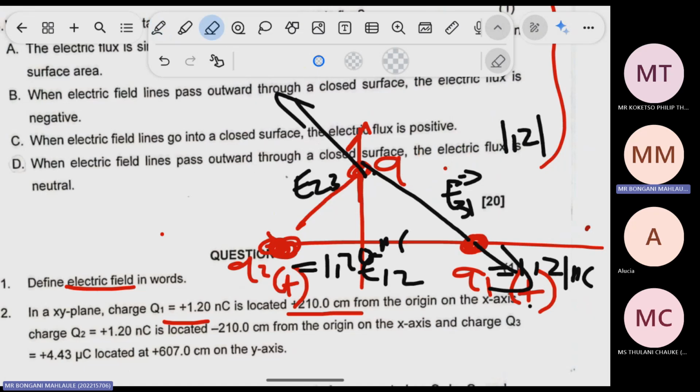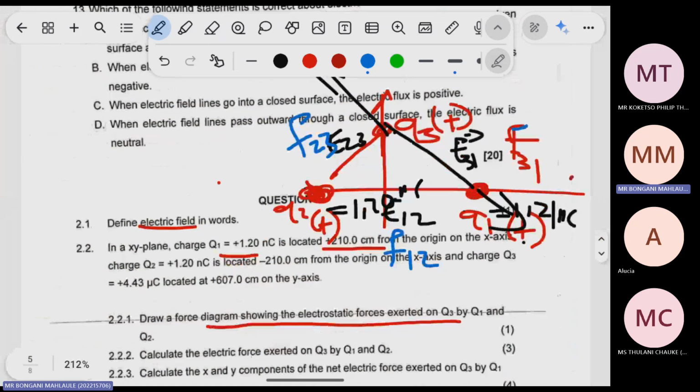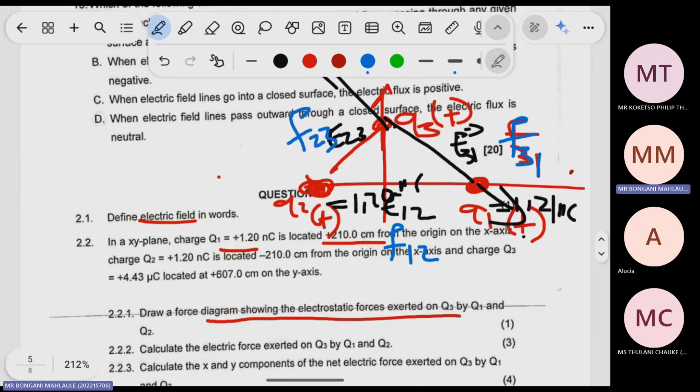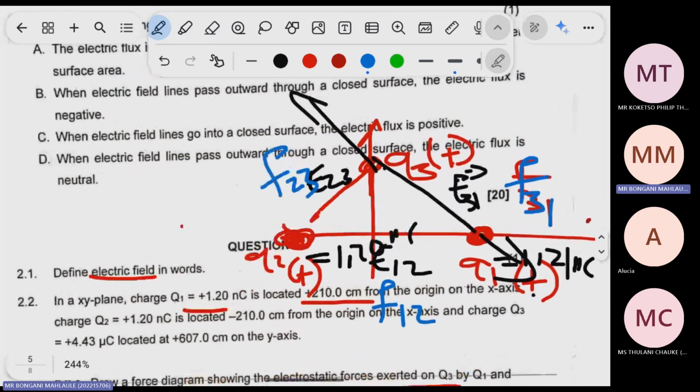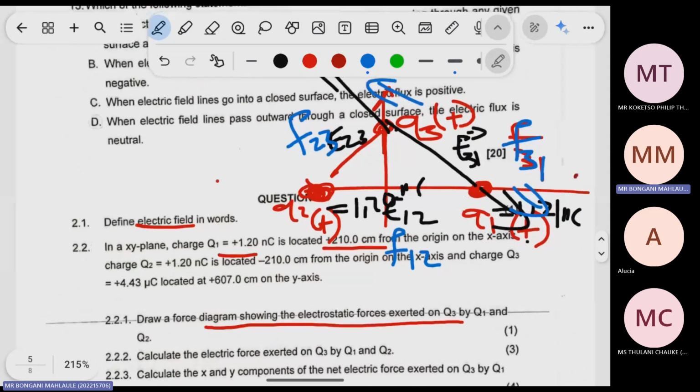So we have F, the force acting between charge 3 and 1, and the force acting between charge 1 and 2, and even here the force acting between 2 and 3. Let me write that. So since there is a repulsion, they are going to cancel each other, right?